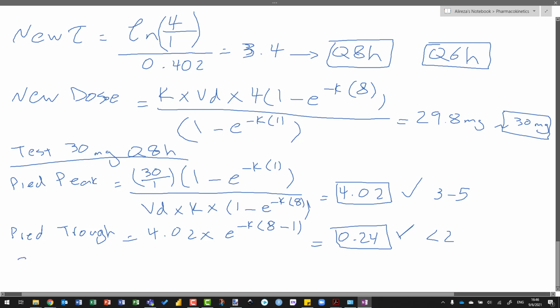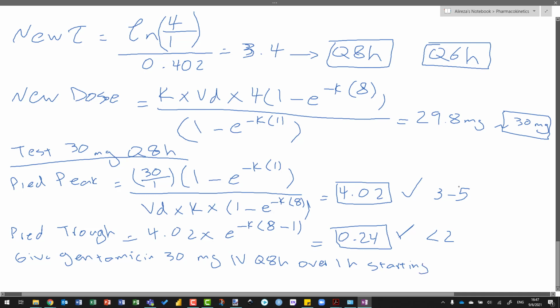So basically what we recommend is give gentamicin 30 milligram IV every 8 hours, infused over 1 hour, starting now.